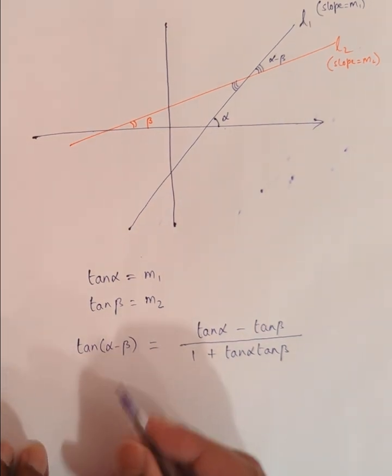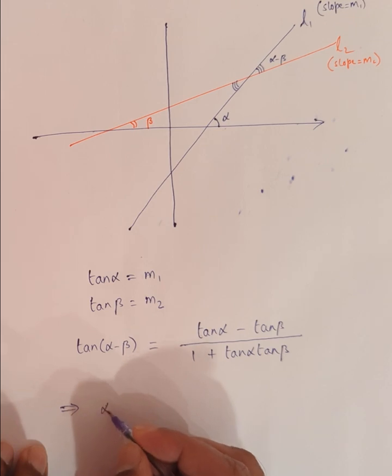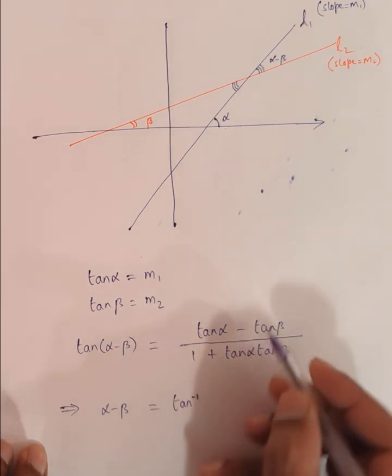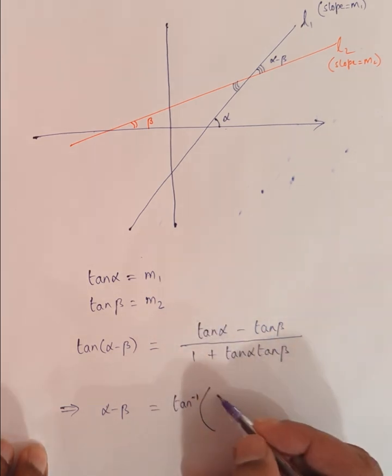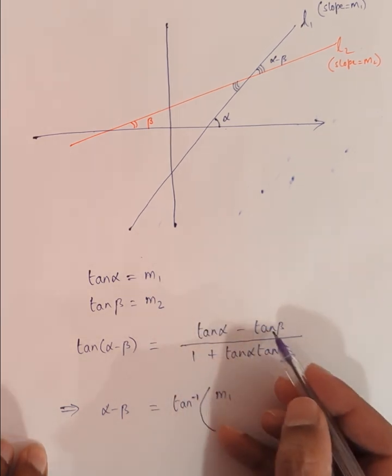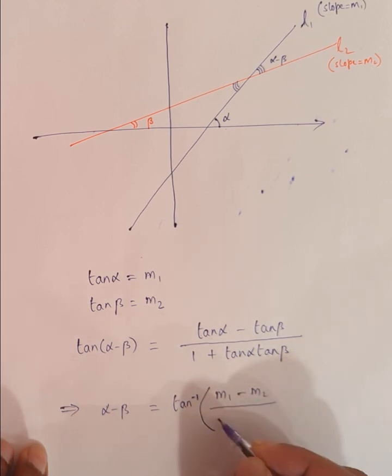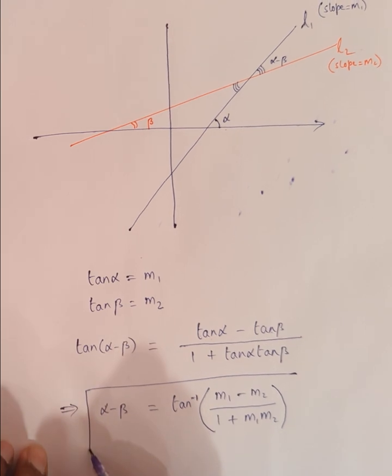So if you want to know alpha minus beta, you just apply tan inverse on both sides. So alpha minus beta equals tan inverse of that quantity. But look, tan alpha is m1, tan beta is m2, so this is m1 minus m2 divided by 1 plus m1 m2. So that's the formula for the angle between two lines.